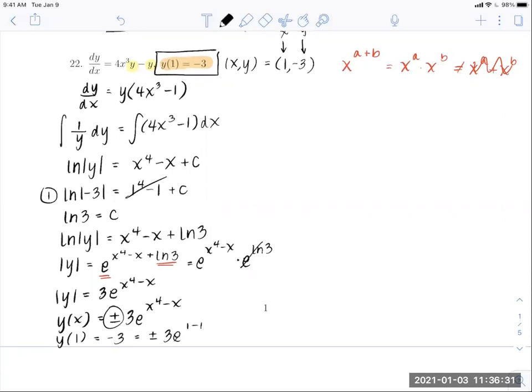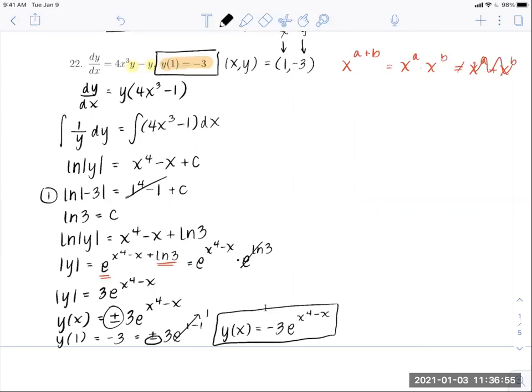All right, so I know that that exponential goes to 1, and that means I must choose the negative sign here in order for this initial condition to hold. So my final answer is y of x equals -3e to the x to the fourth minus x. All right, and this is your final answer.